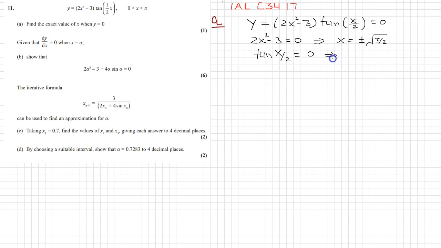So this means x/2 is equal to tan inverse 0, so x is equal to 0. Now x is not negative, from 0 to pi, so x will be root 3 over 2 and 0. So these are the values of x.